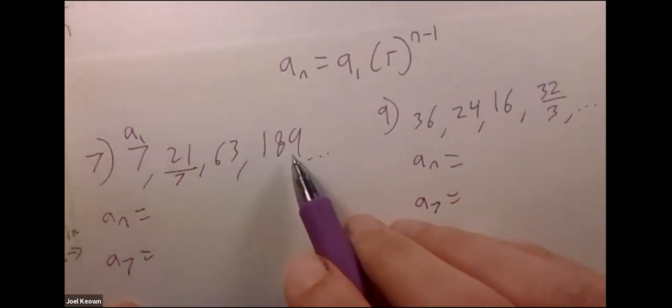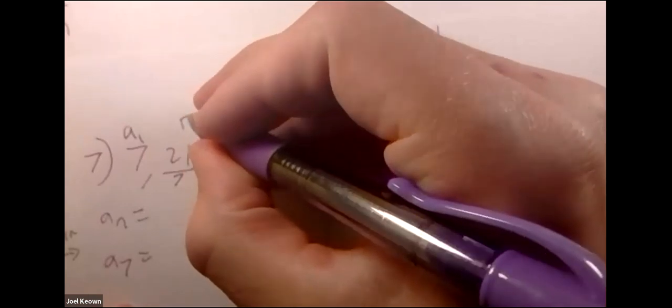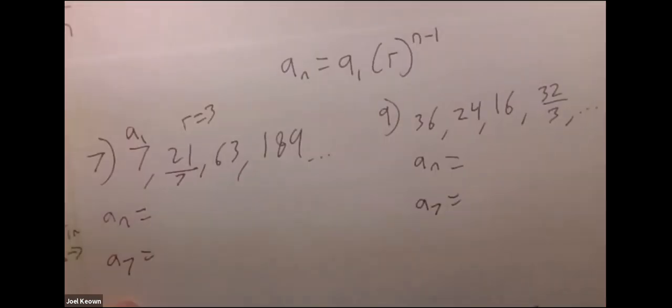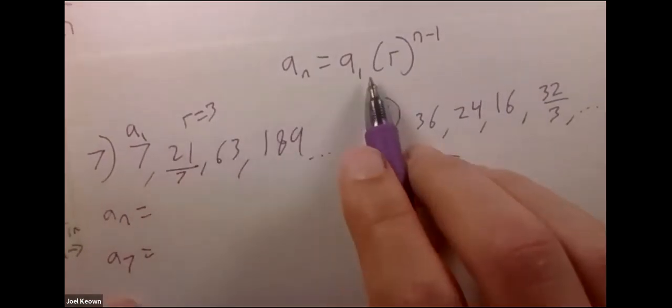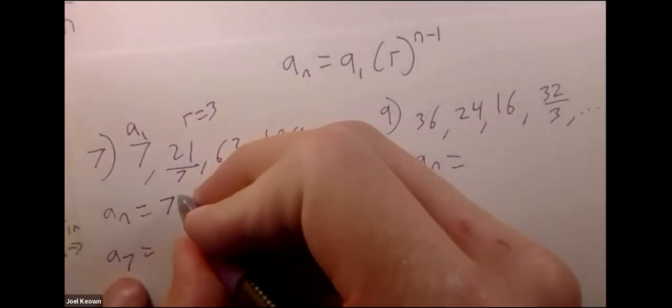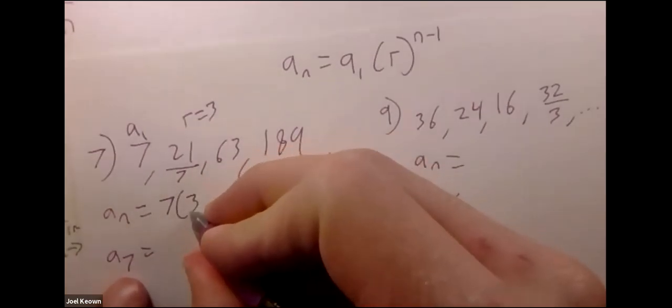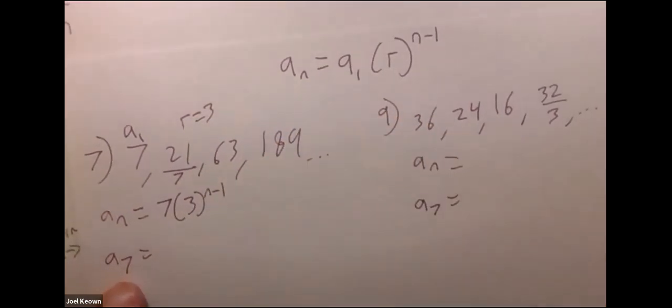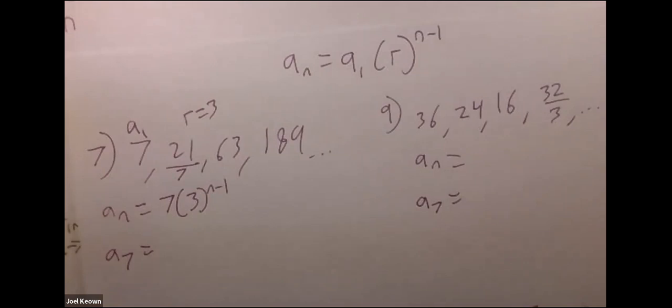I keep multiplying by 3. So my r is 3. Then plug those into here, and I get a sub n equals 7 times 3 to the n minus 1. Okay, so there's my formula, the rule that it asked me for.